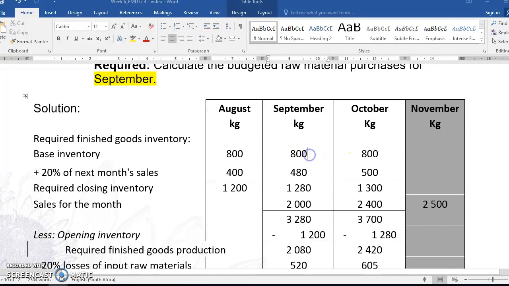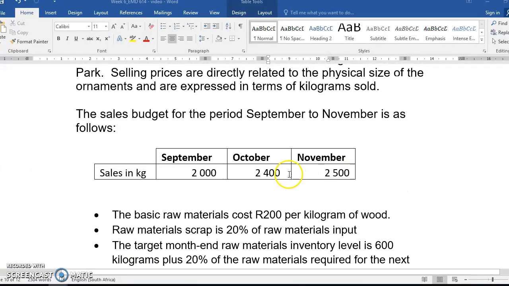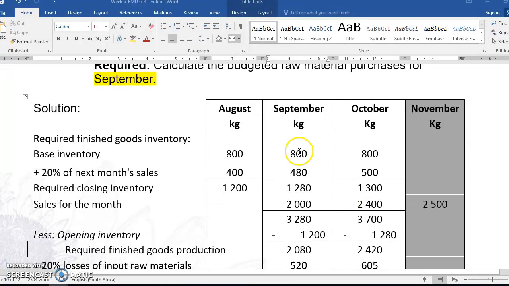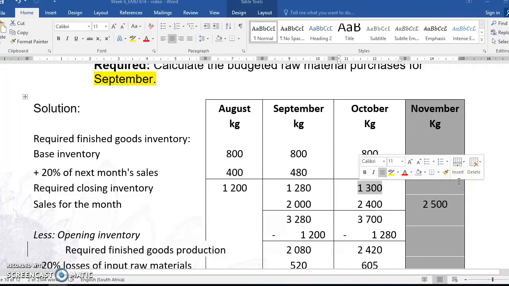So in September I need 20% of October, and October sales is 2,400. So 20% of 2,400 is 480. So therefore I need 800 plus 480, which means at the end of September in finished goods I must have 1,280. Alright, and likewise for October I need 800 plus 20% of November, which is 500, and so at the end of October I need 1,300 in closing inventory.